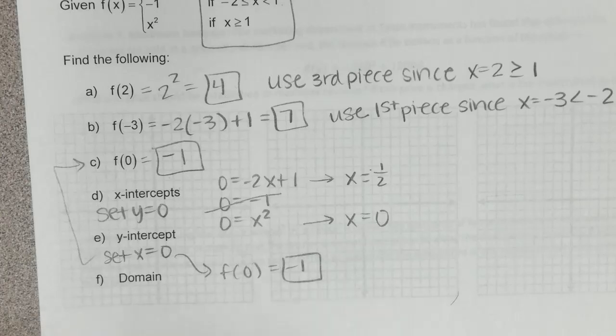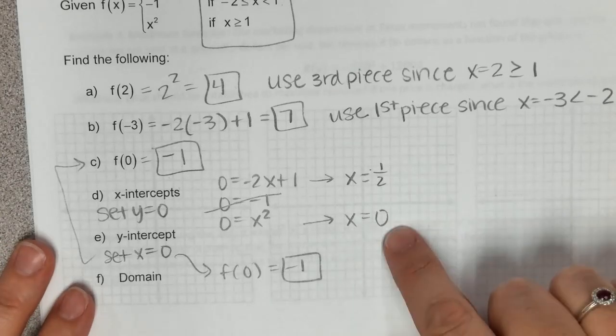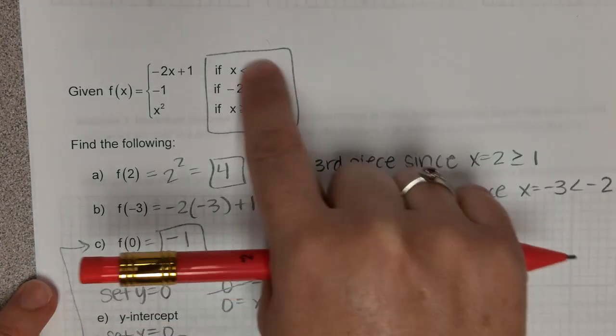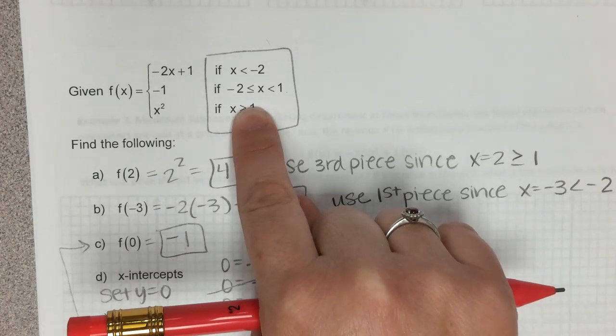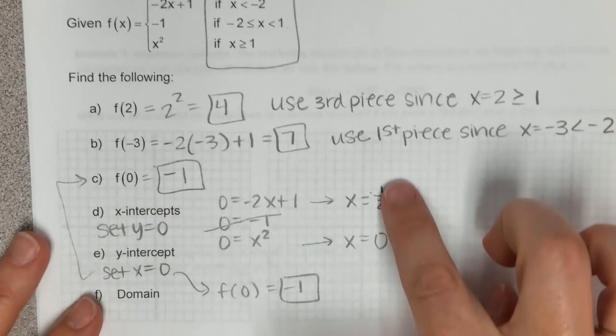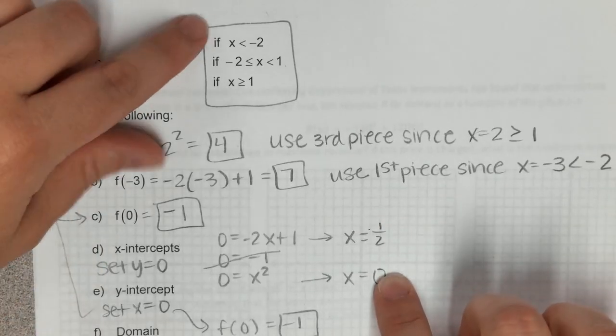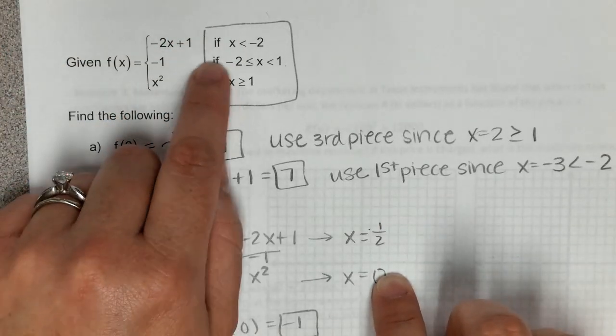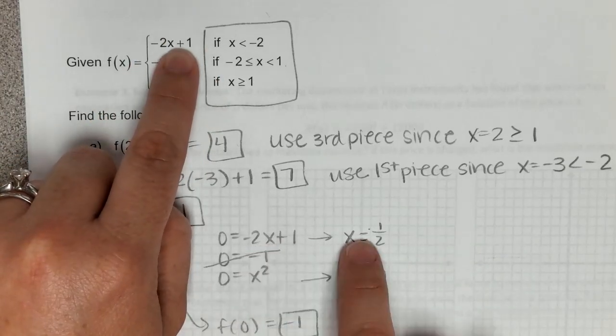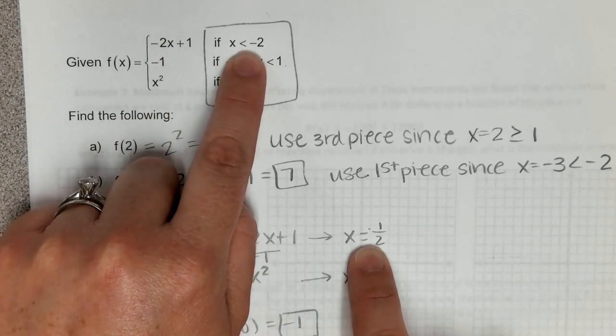You have to check if these x values are in the correct domain for that piece. You have to check, are these x's in the correct domain for that piece that you used to find it. So look at this first one. I use this piece, right? Is 1/2 less than -2?